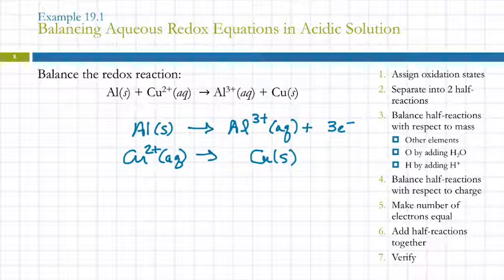Okay? What should I do to the second half reaction? I'm going to add 2 electrons to the reactant side, because these 2 electrons plus the +2 charge on that ion add up to 0, which is what this charge has. Anybody have any questions about that?